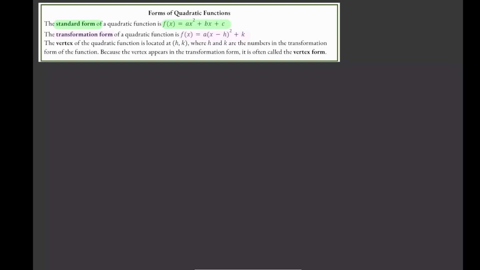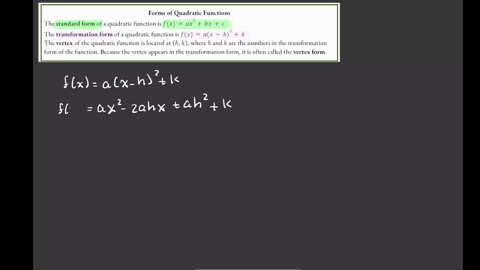Now, if we take the transformation form and expand this equation, we will have ax² − 2ahx + ah² + k. We notice that this is the expanded form of the transformation form of the quadratic equation.